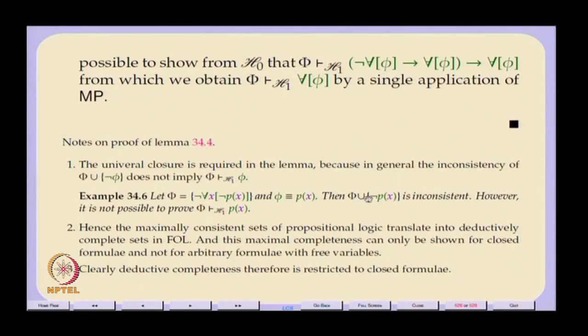However, I cannot move this thing around because of this free variable, precisely for the constraints that were there in the deduction theorem. For the same kinds of reasons, the use of free variables and so on, I cannot prove that p of x follows from phi, because anyway this is inconsistent.